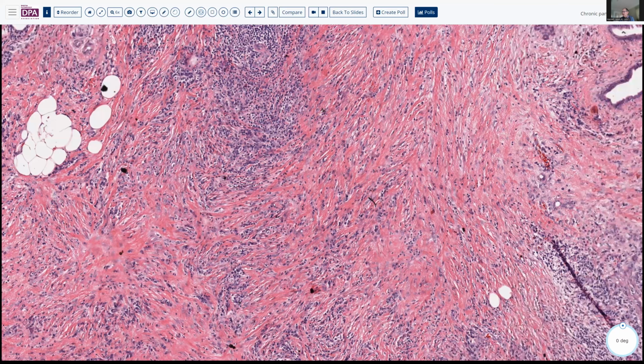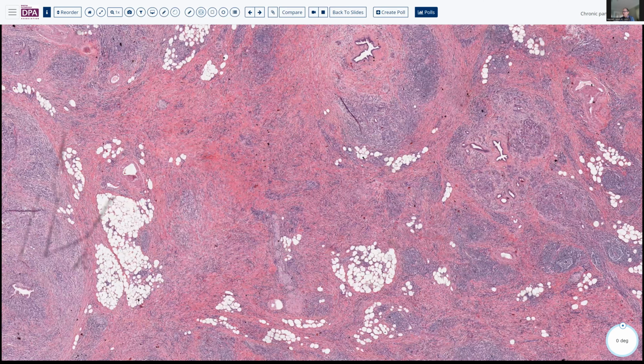So this is unfortunately a nice example of autoimmune pancreatitis with dense sclerosis mimicking a mass and marked loss of pancreatic parenchyma with this intervening inflammatory infiltrate.